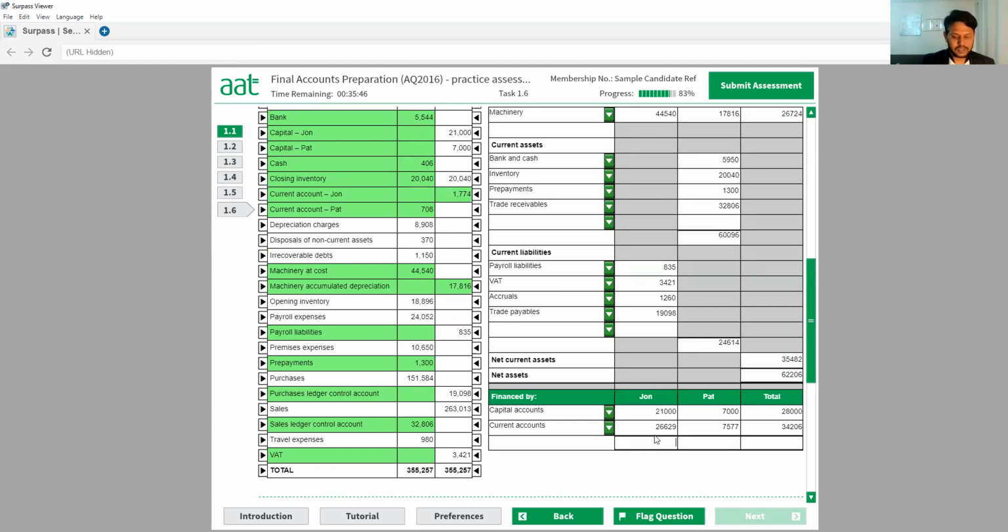Now we have to add, so John 21 plus 26, that is 47,629. For Pat, 7 plus 7,577, so 14,577. That will give us the total 62,206. That matches exactly with our net asset.